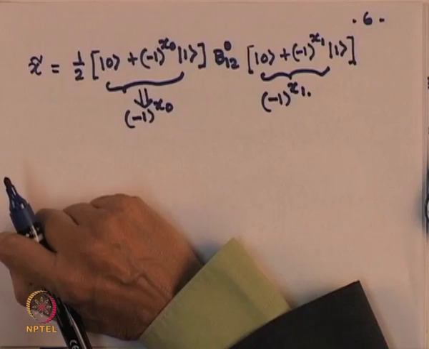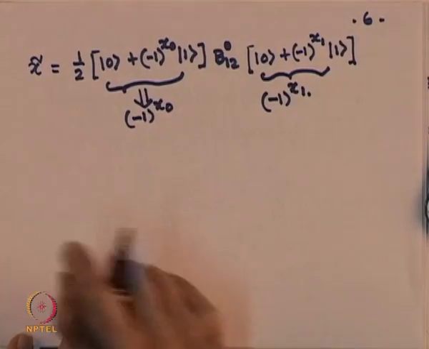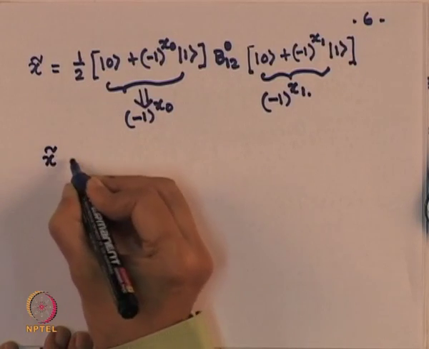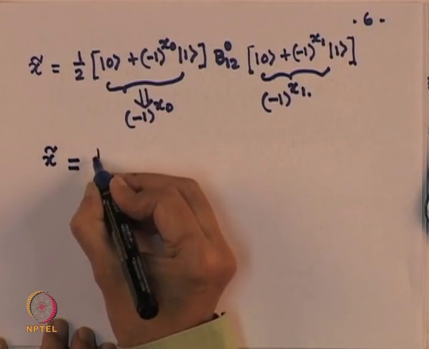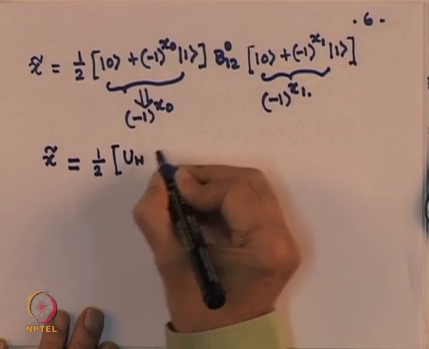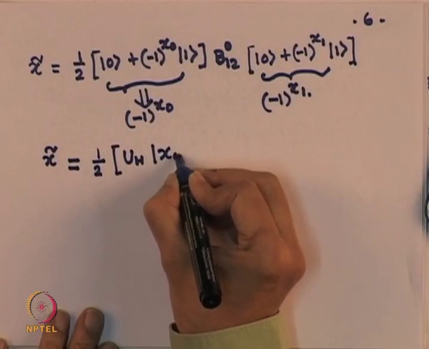Now, so what do I do? The way to mend this situation is to do the following. X tilde is half. The first term is UH x0.